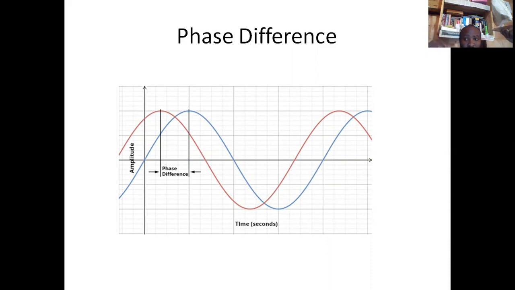But when one is moving up and another one is moving down, so they are not in synchrony, then we say they are out of phase. If you look at the waveform, it's like the two waves are not moving in phase, so to speak. They are out of phase.